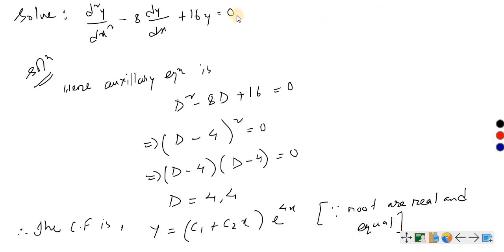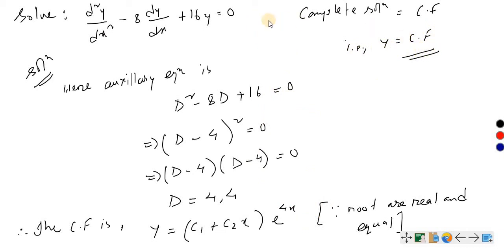Also, I would like to mention one thing: if your r is equal to 0 in any second order differential equation, then you must remember that the complete solution is equal to the complementary function, that is y equals the complementary function. That's why till now we are only finding the complementary function, not particular integrals.